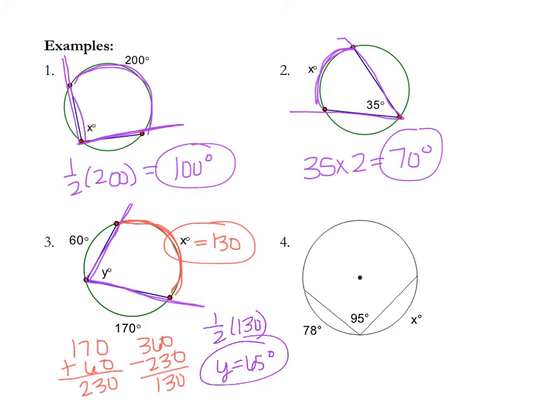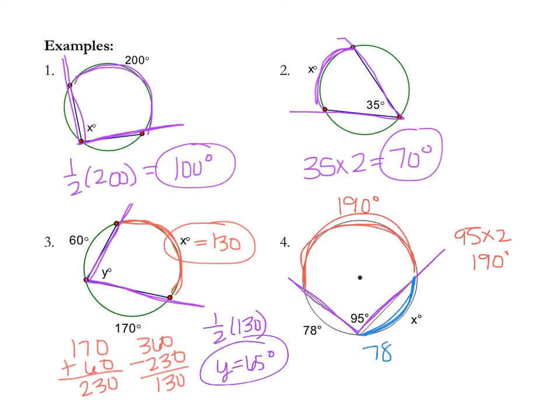Alright, then for number 4, I'm looking at that angle first. I like to trace over it, make it a little bit longer. I know the angle's 95, so I can find the arc here. The arc is always going to be double that, so I can do 95 times 2, and that gives me that arc is 190, which they didn't ask me for, but I needed that in order to find what the last arc of the circle is.